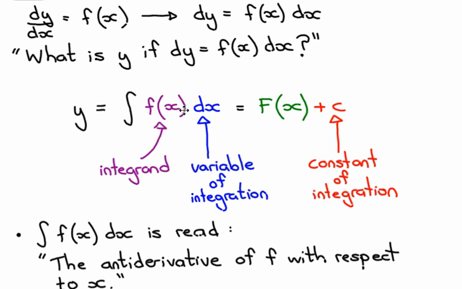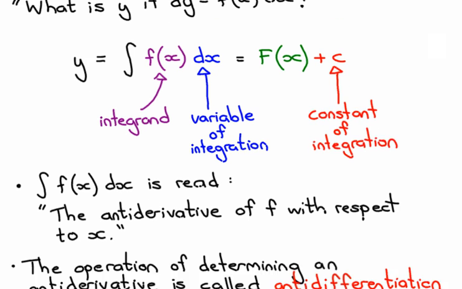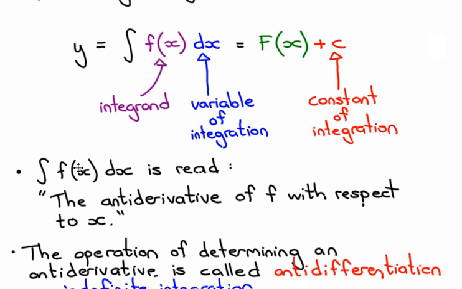Let's see how we read this guy here. So the integral of f of x dx is read the antiderivative of f with respect to x. So I'm looking, if this is actually my derivative, what is the original function? Remember that original function is the antiderivative.